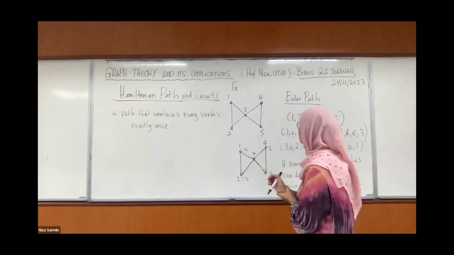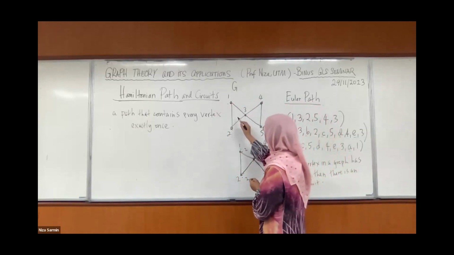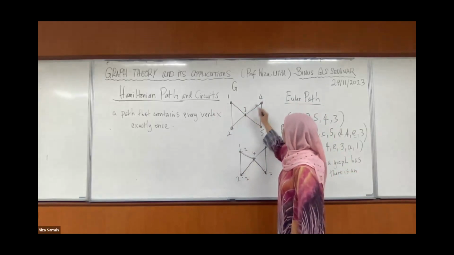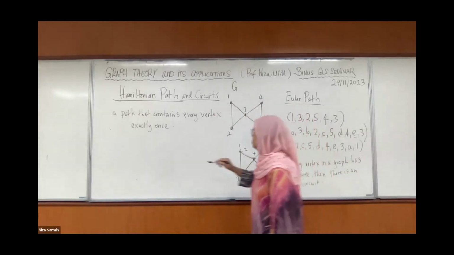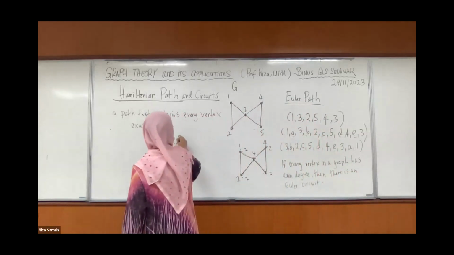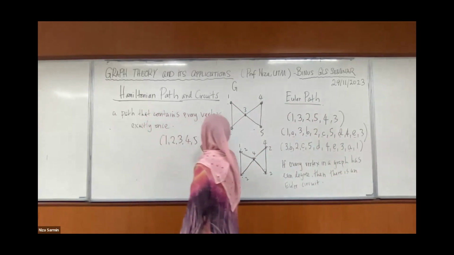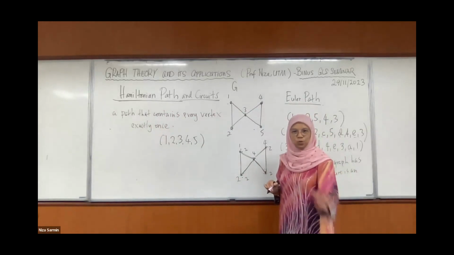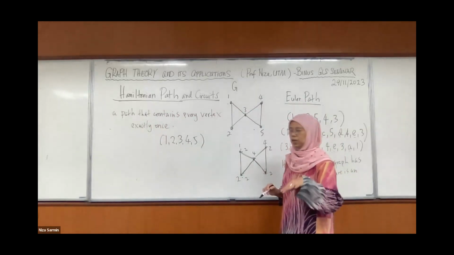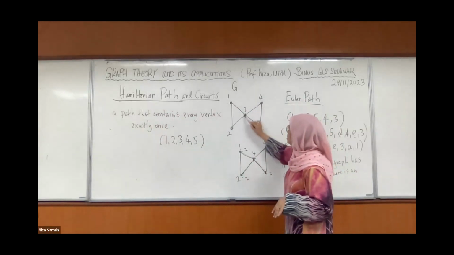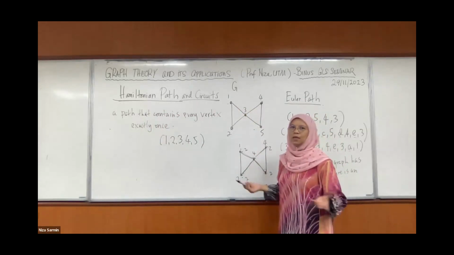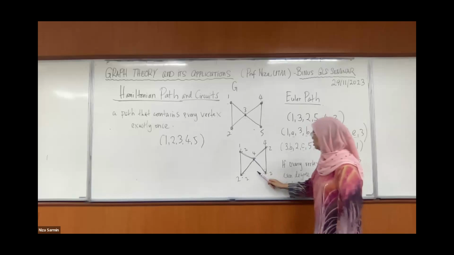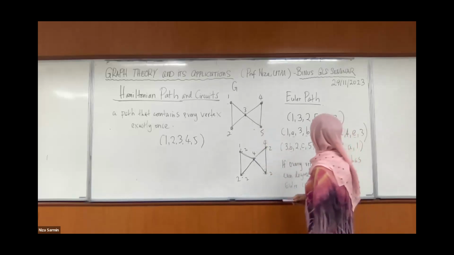Okay, let's try this one. 1, 2, 3, 4, 5. So we cover all vertices once. You can go 5, 4, 3, 1, 2. In any way, as long as you have the edges. What about this? Oh, the same.